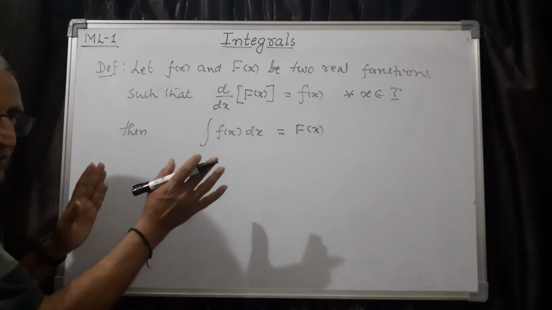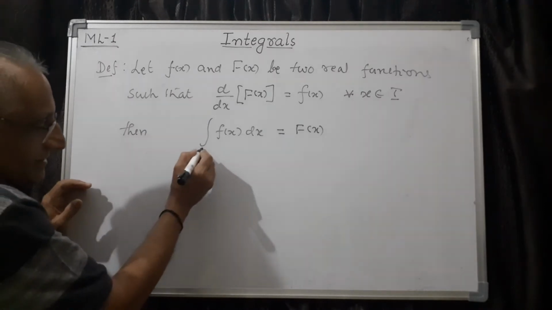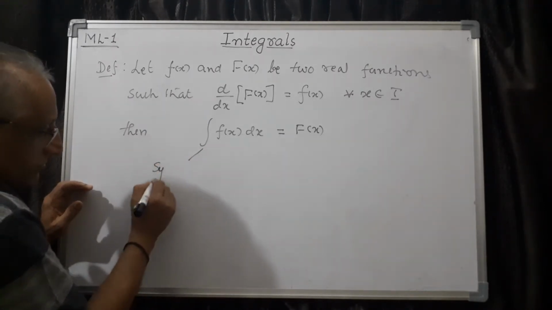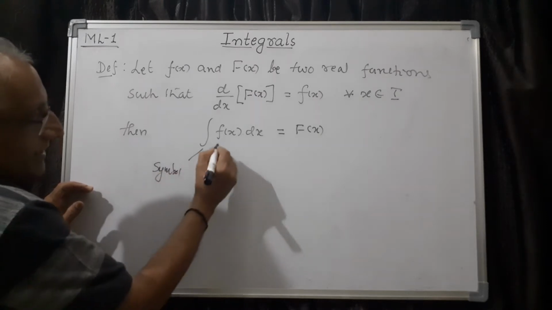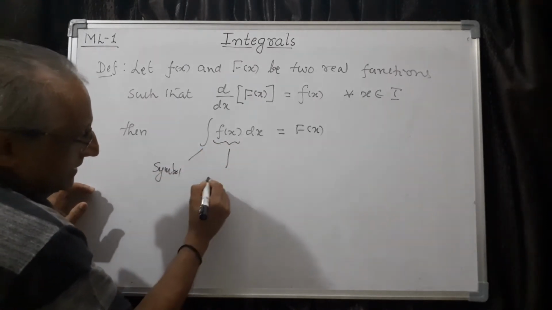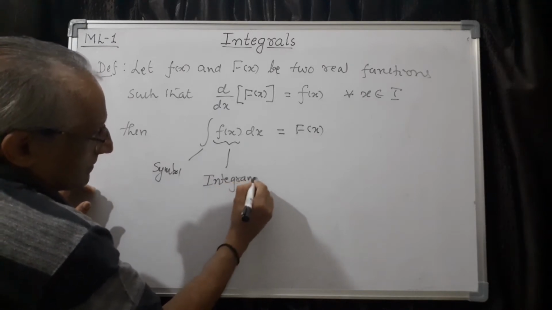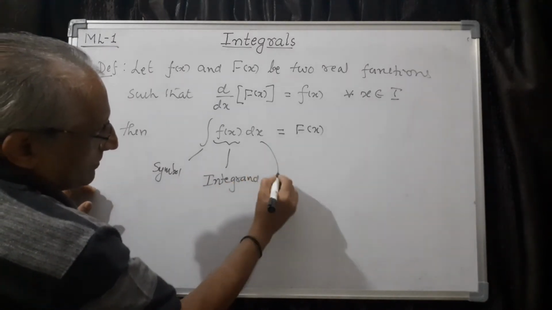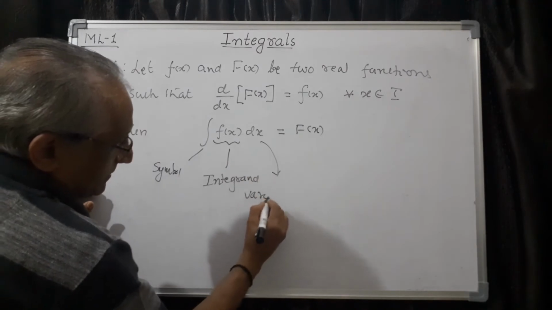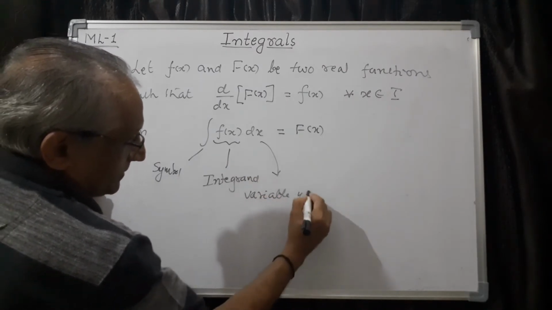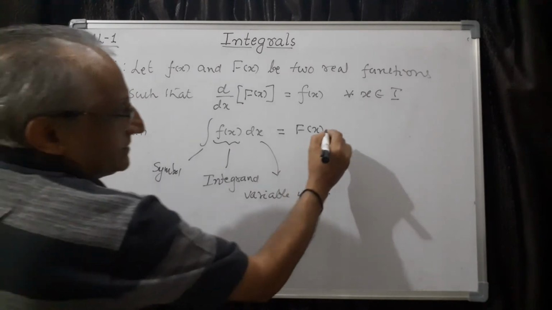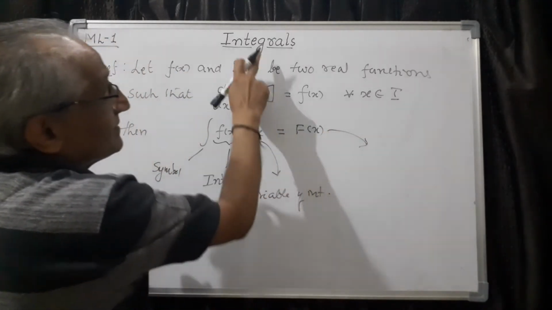Since we are learning it for the first time, this is the symbol we are using, and this is called the integrand, and this is of course the variable of integration, and this is actually called the integral.